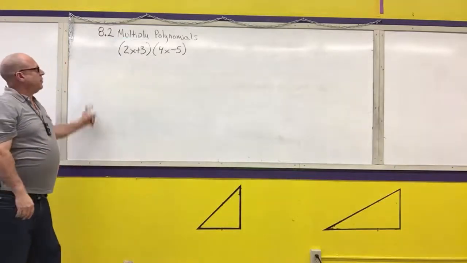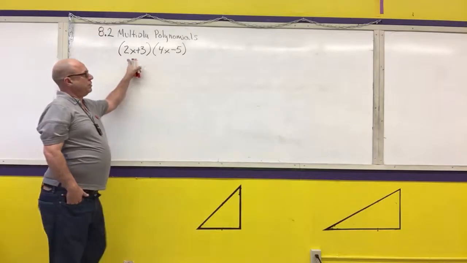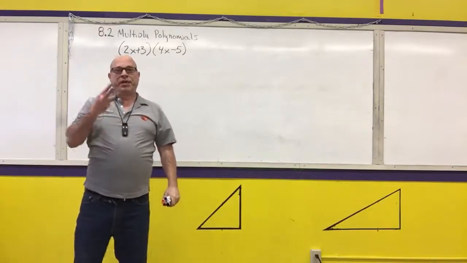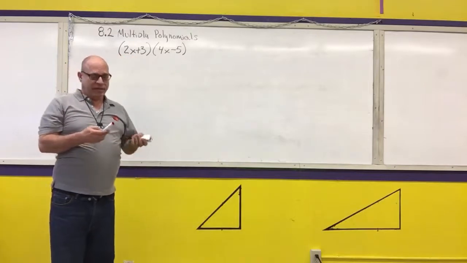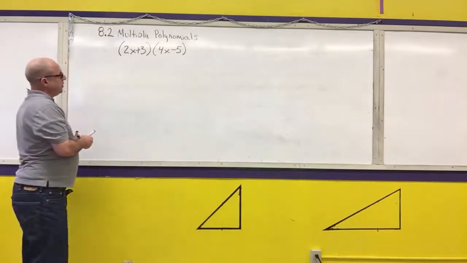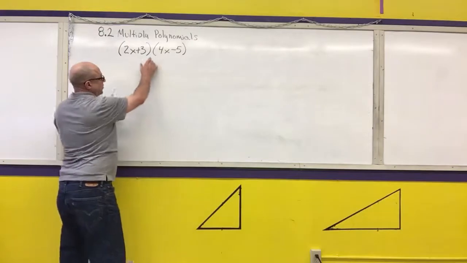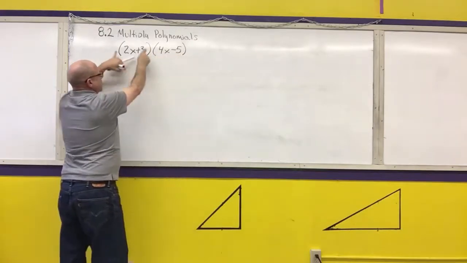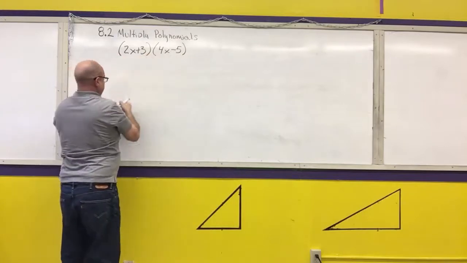For the second example, I'm going to do a binomial times a binomial, and I'm going to do this using 3 different methods. The first method, again, is going to be the distributive method. And we remember the distributive method: anything that's in this parentheses, each term in here, you multiply by what's outside of it.